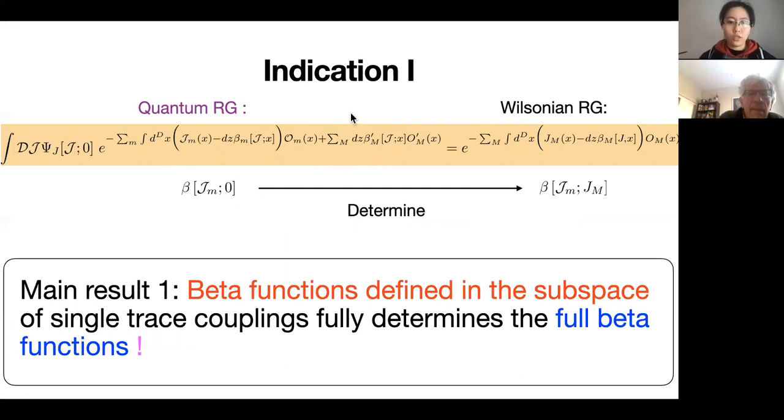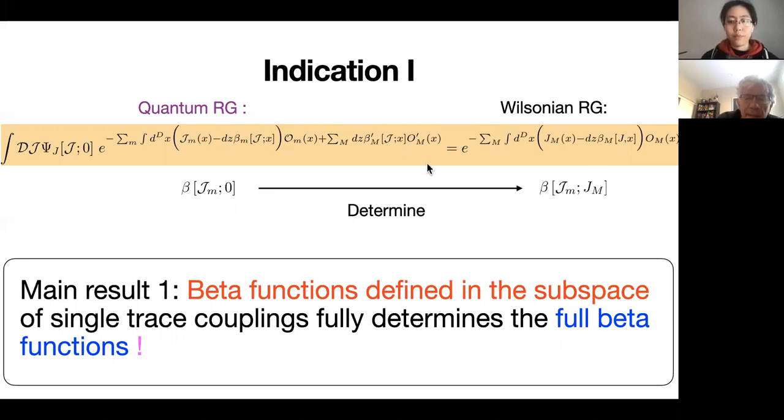The first implication is that, since the quantum RG method can be completed with the input of beta functions sourced by single trace couplings only, these beta functions actually contain all the information of the full beta functions used to complete one step of Wilsonian RG. And this is exactly our main result 1: beta functions defined in the subspace of single trace couplings fully determine the full beta functions.